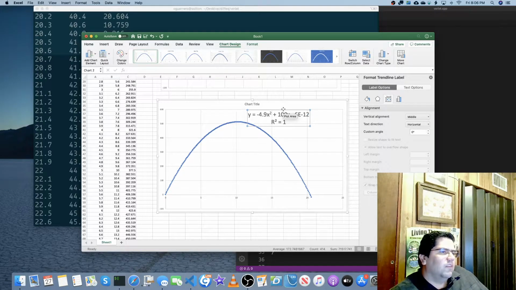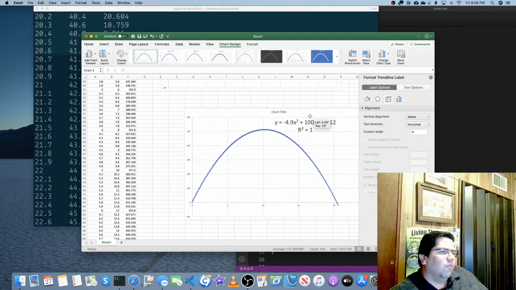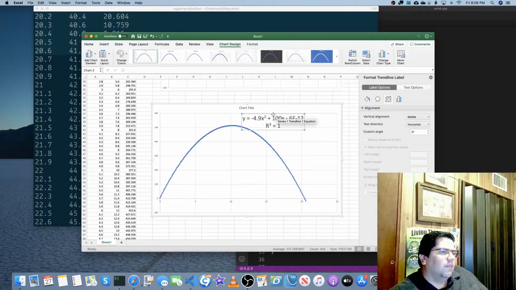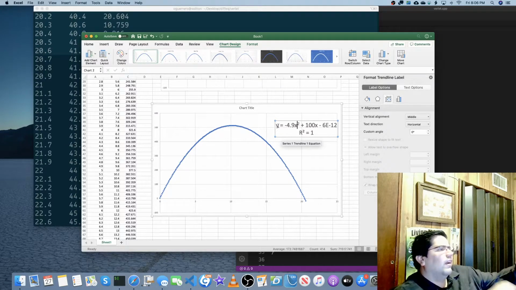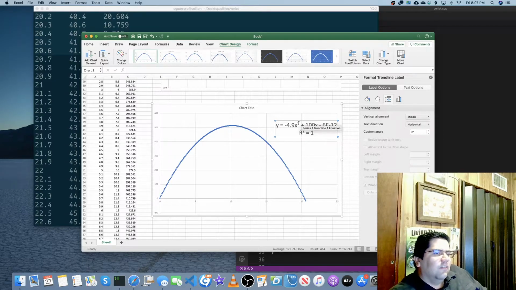And I want you to see, people, this is really important for you, because this is the height as a function of time. We can see that when we look at the equation, the y, here x squared actually represents the time, okay? And for some people it's probably gonna be really familiar when we have a negative 4.9.